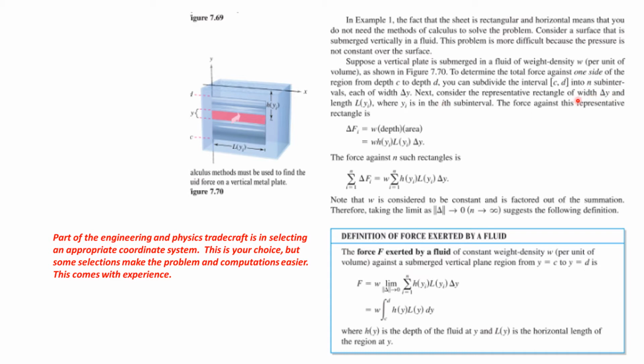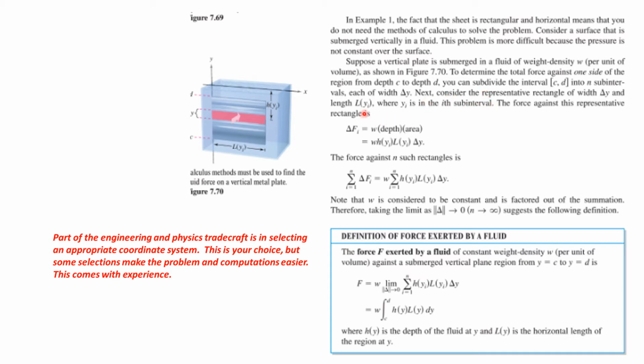Next, consider a representative rectangle of width delta y. So you see this is our y-axis, and this is delta y, so that's the width of the piece.